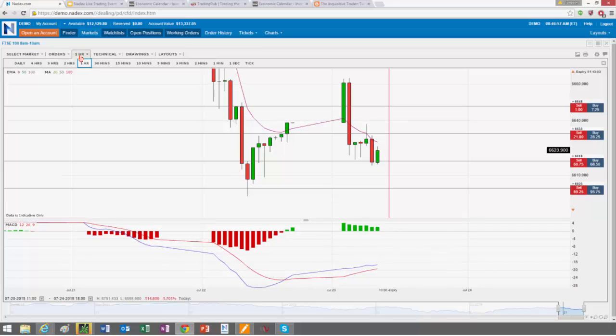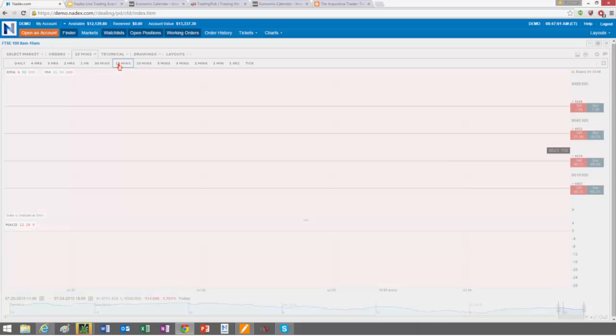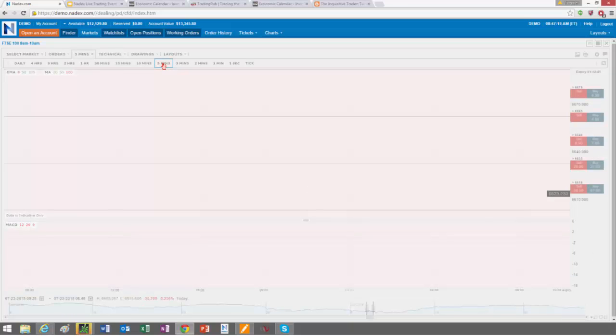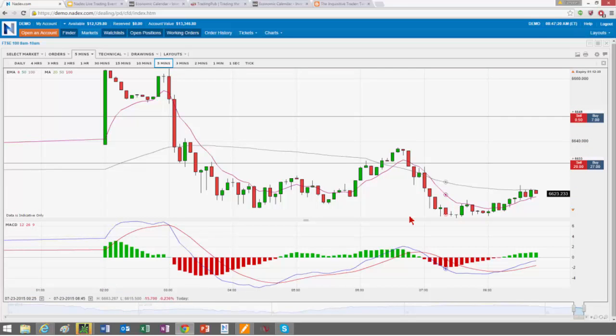So let me pull back down to a 15-minute view. It could be a short-term uptrend. It's pretty much sideways. 5 minutes.